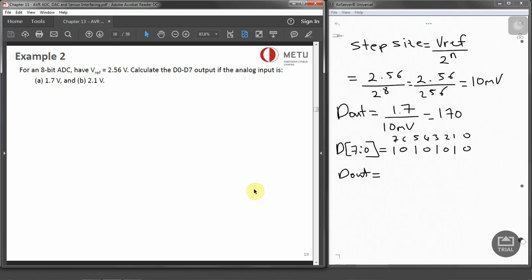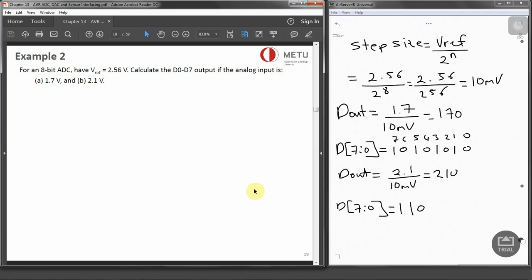Then we repeat for part B. That will be 2.1 divided by 10 millivolts, which is equivalent to 210. And again, D7 down to D0 in a similar manner. 210 minus 128 will give us 82. So 82, then we need 64. That will leave us with 18.